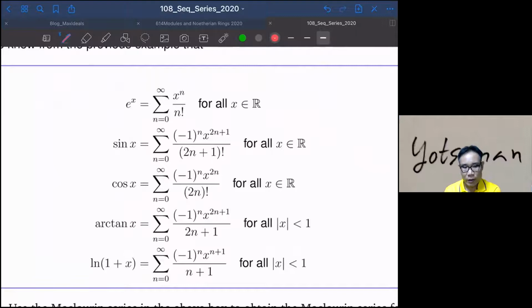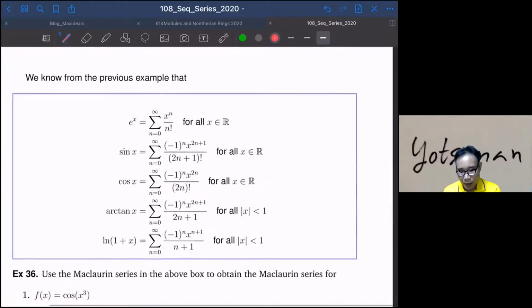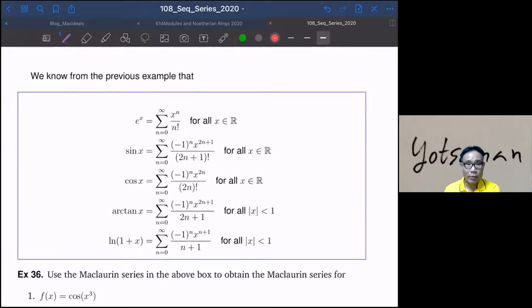And you have log of 1 plus x given by this from the previous lecture as well. So this is a collection of the things that we have been studying so far, the representatives of the power series.